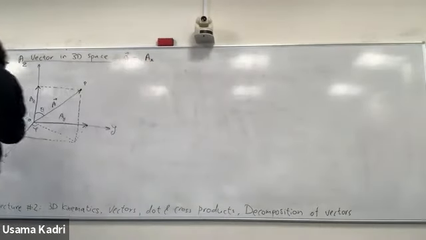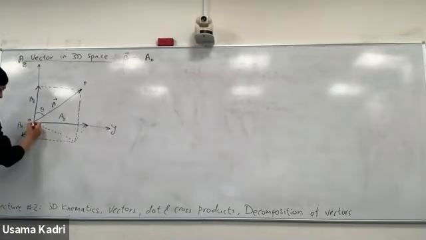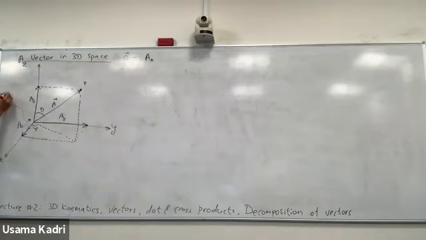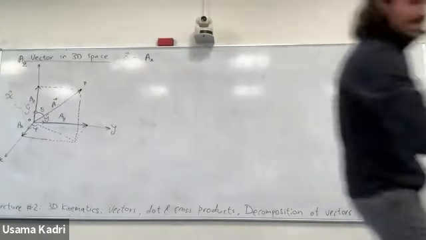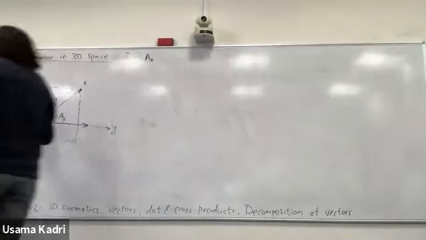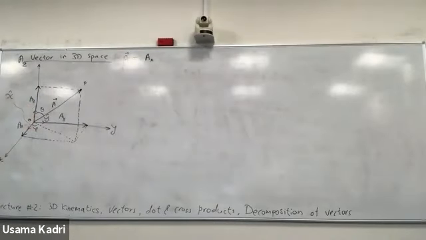So the unit vector, you can define it in many ways. I'm going to write here, this is x with a hat. This is y with a hat, and z, oh, the other z. All right.